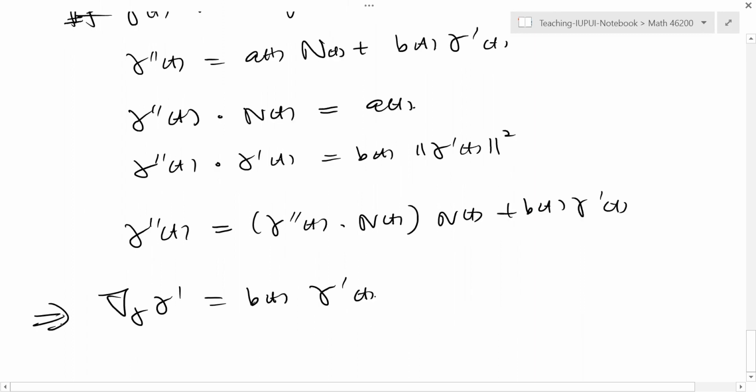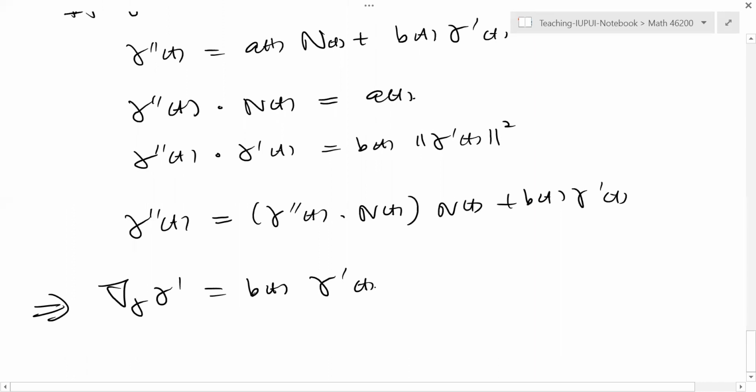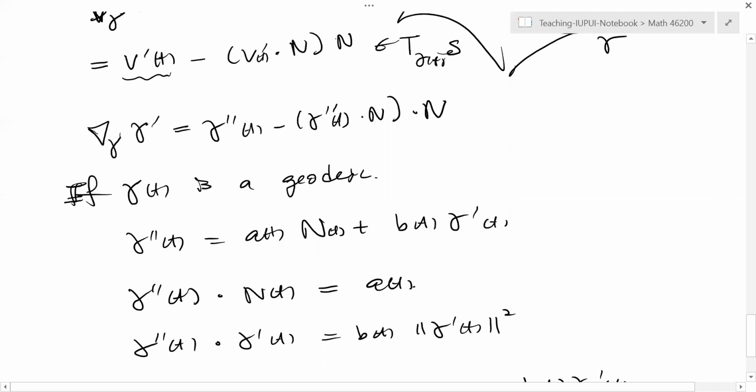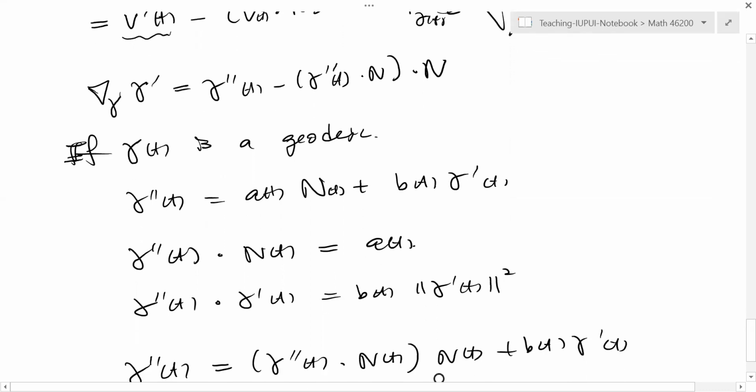So for the geodesic, you have this property: the derivative of the vector field along the geodesic is in this form. Now conversely, maybe this is also true. If we have a curve whose derivative is in this form, can you prove that it must be a geodesic?